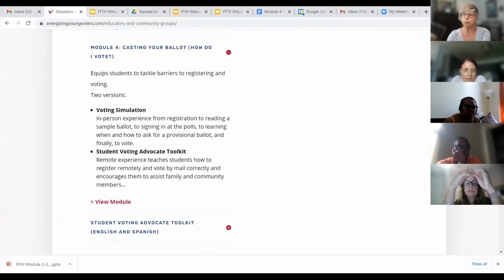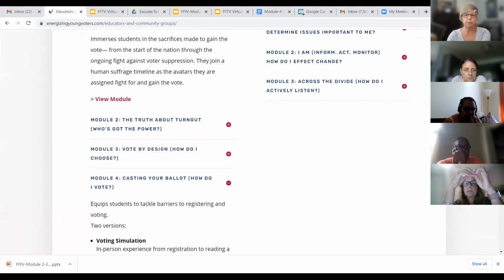There's also a module 3, which was developed by a young woman out at Stanford University School of Design that's issue agnostic and nonpartisan. It helps students identify what leadership qualities they value, what they suspect could be some issues that will face an elected candidate over the course of their term.